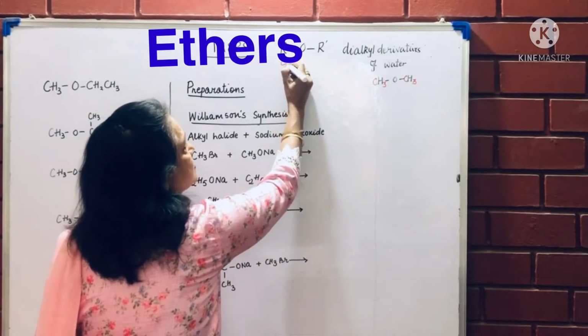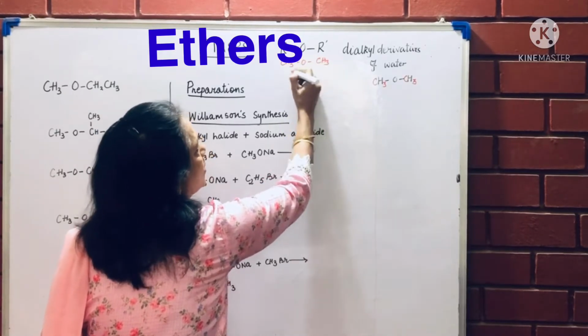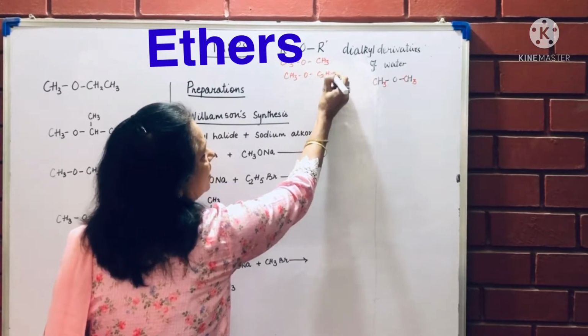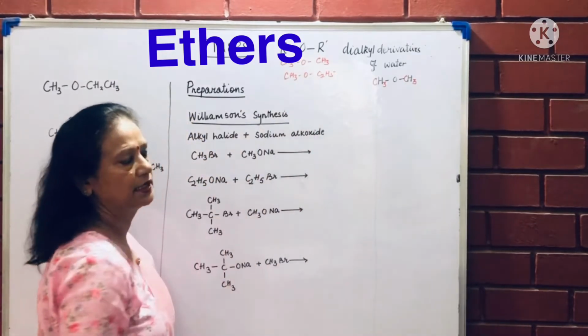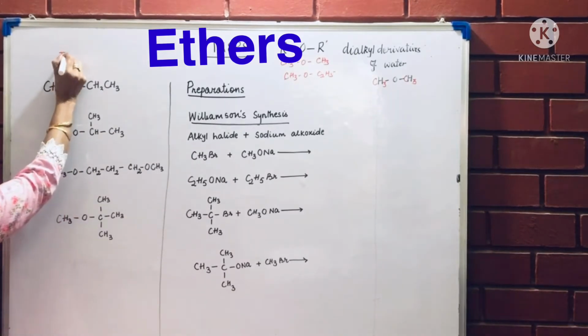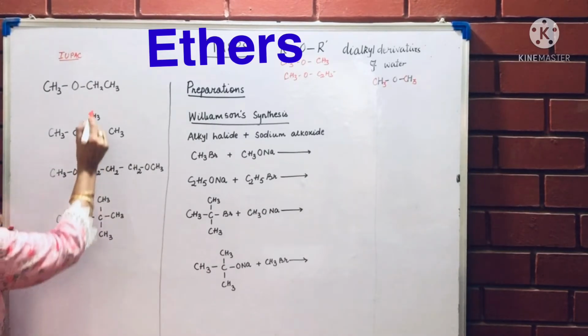Like I can write CH3OCH3, or I can say it is CH3OC2H5. Two different alkyl groups. Now if I want to write down their names, we will first identify the longest chain.